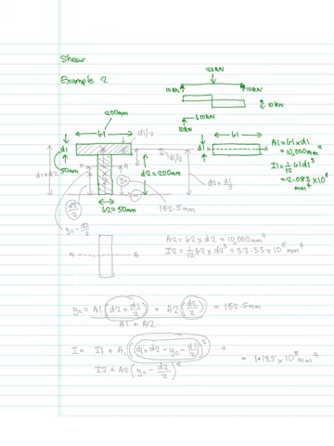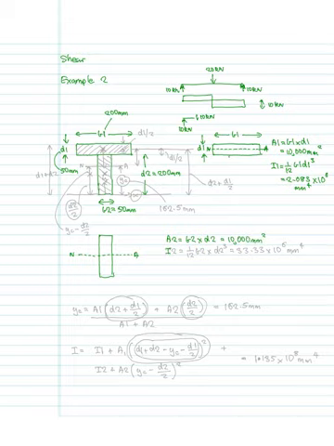Then the second bit, let's just draw it down here. So we've got a second bit down here, and it's bending around that axis there, or that would be the neutral axis about which we would be calculating the second moment of area. So we would have A2 is equal to B2 times D2, which also works out to be 10,000 millimeters squared.